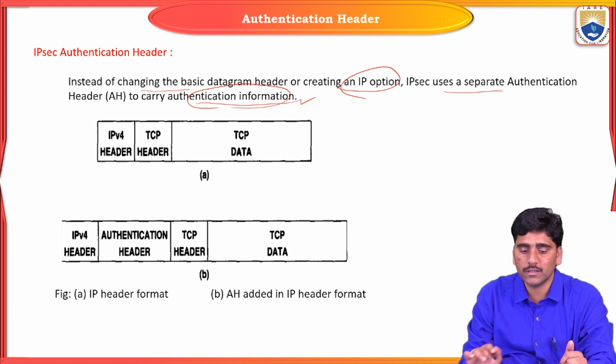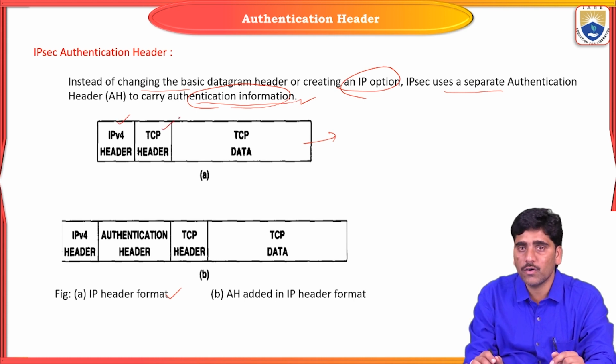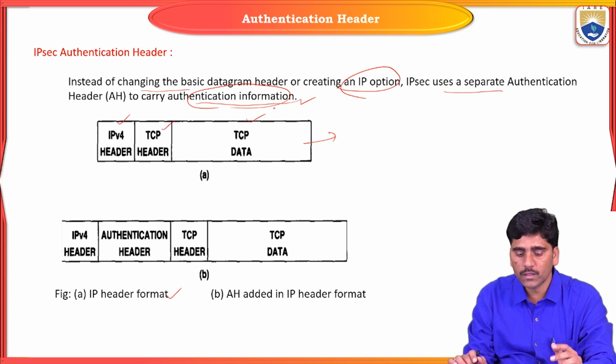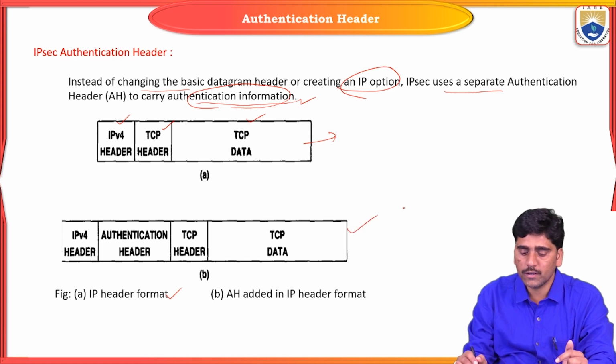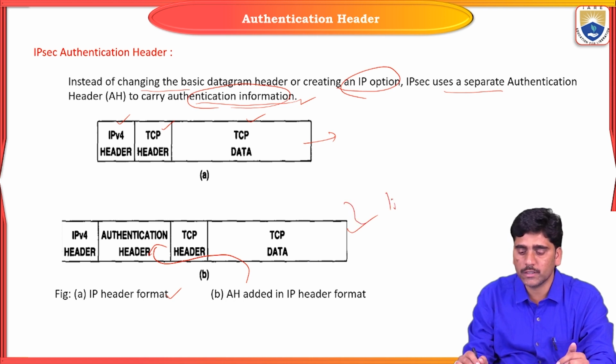In this figure, figure A shows the IP header format which does not contain an authentication header; it just contains the IP header followed by the TCP header followed by TCP data. But in the second figure, the authentication header is added to this IP format, which is called IPsec.